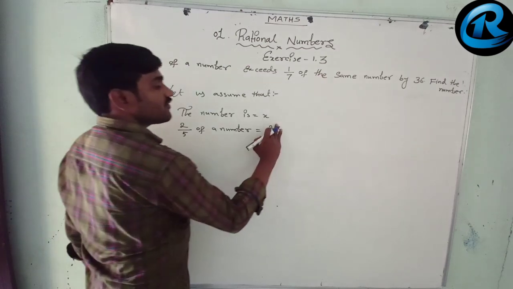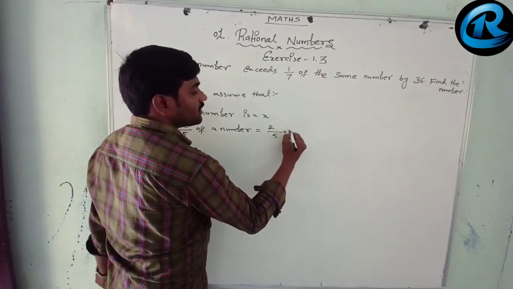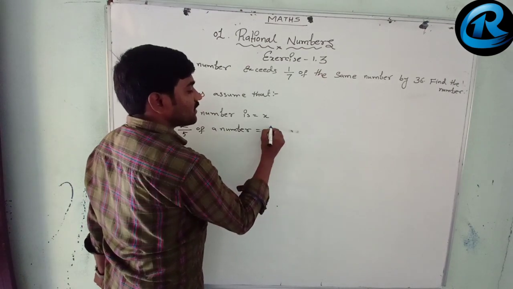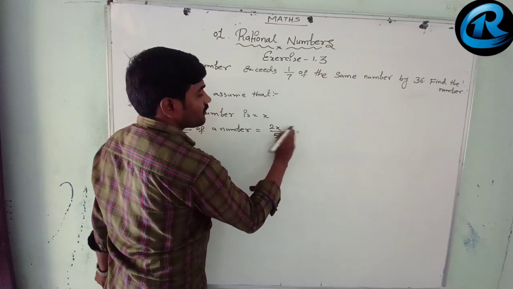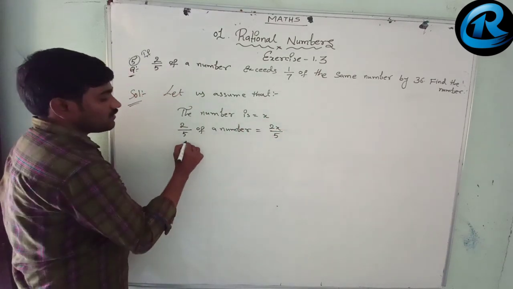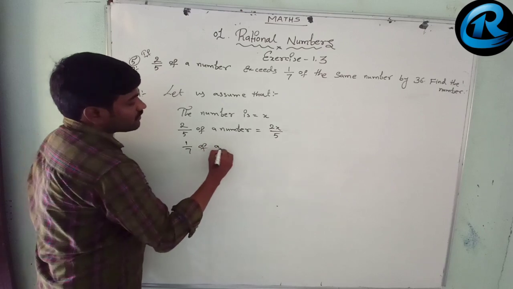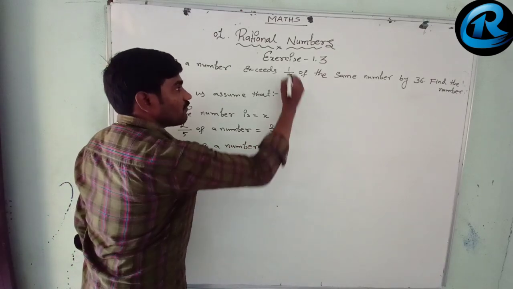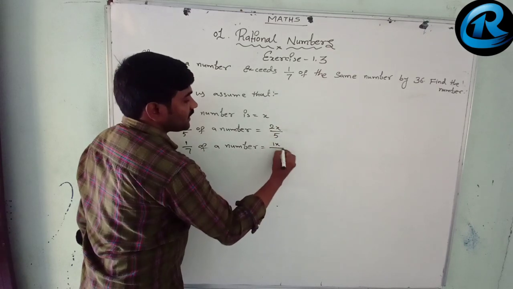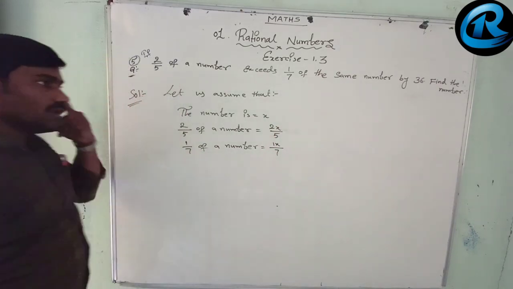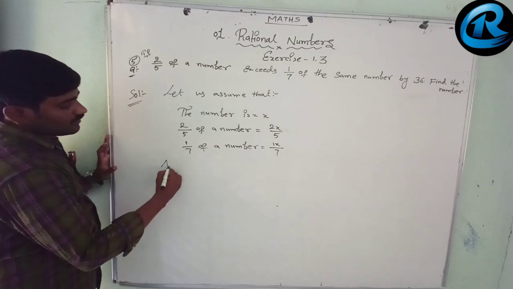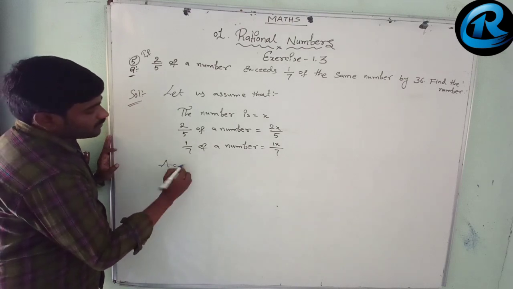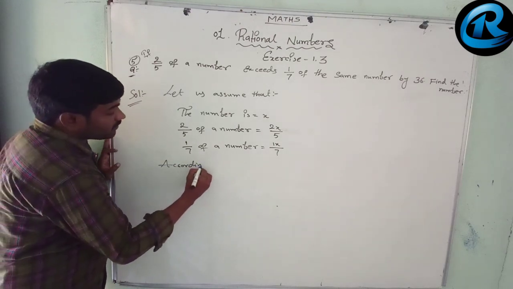Then 1 by 7 of a number becomes 1 into x, 1x by 7. Now according to the problem, ఏమంటుంది ప్రాబ్లంలో ఏమన్నాడు?